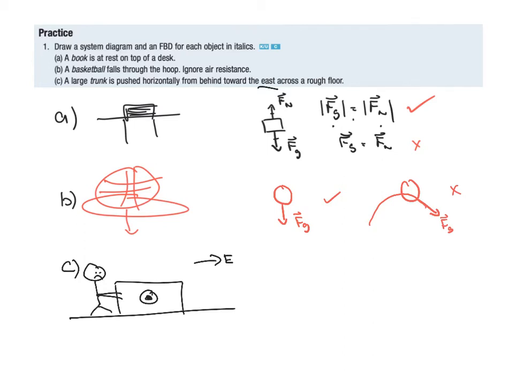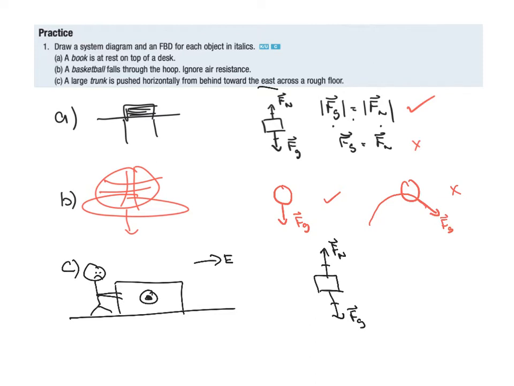All right, so there's my system diagram, free body diagram. I gotta draw my object, my trunk, either a box, a circle, or a dot. I'll use a box. The box has mass, so there's the force of gravity going down. It's on a floor. I'm going to assume that the floor is horizontal, so the normal force is perpendicular to it and vertical. They're going to be the same size.